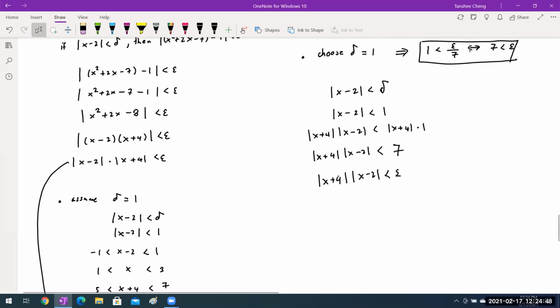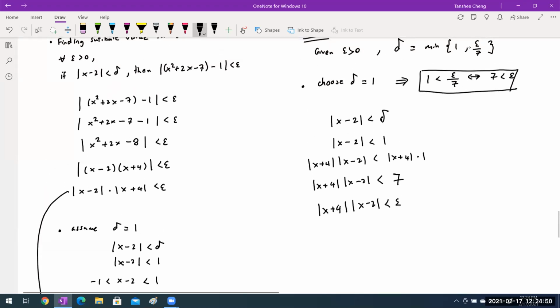Then absolute value of x plus 4 times x minus 2 is less than epsilon. Why? Because I pointed out right here, when we choose delta to be 1, then 1 is less than epsilon divided by 7, which means 7 is less than epsilon. So we have proved this step, and we have one case done, something that we want.